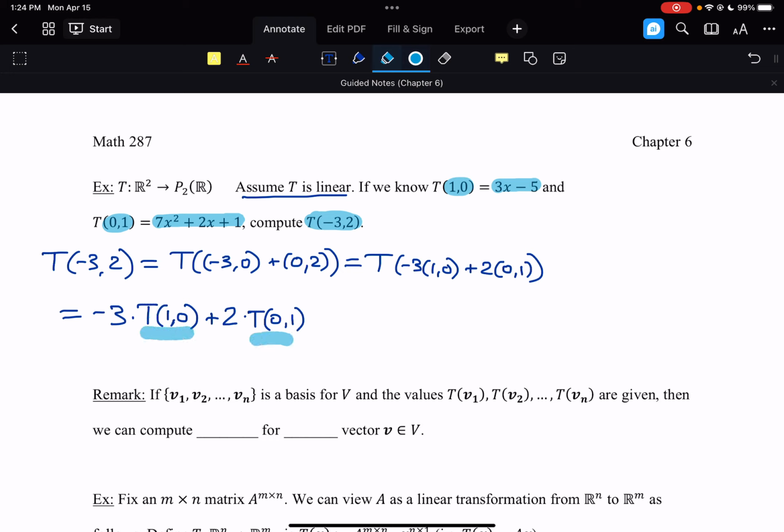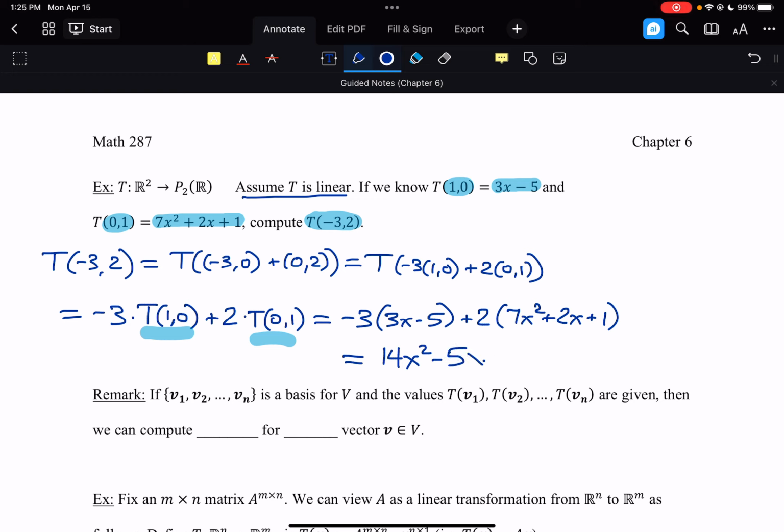And these two things we know. Those are what we're given in the problem. So we get negative 3 times 3x minus 5 plus 2 times 7x squared plus 2x plus 1. Distribute, combine like terms. We get 14x squared minus 5x plus 17.